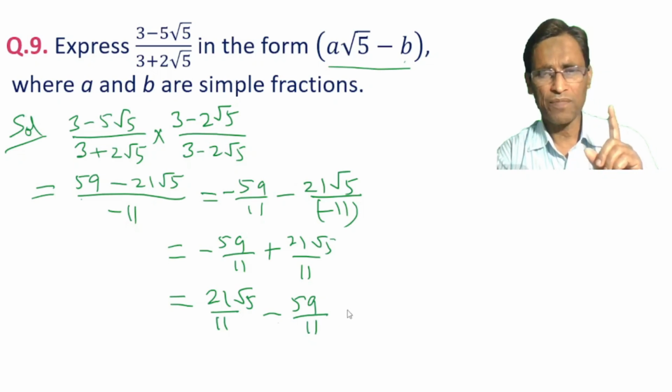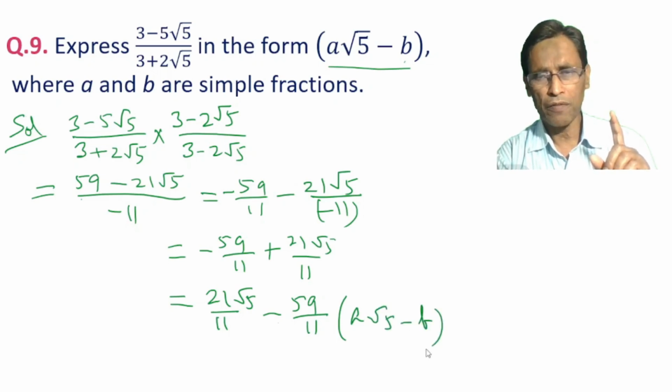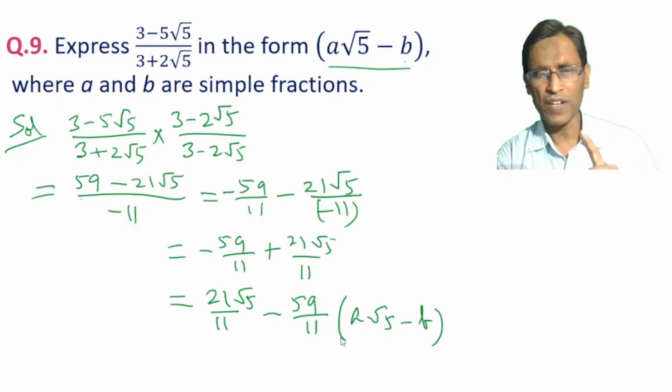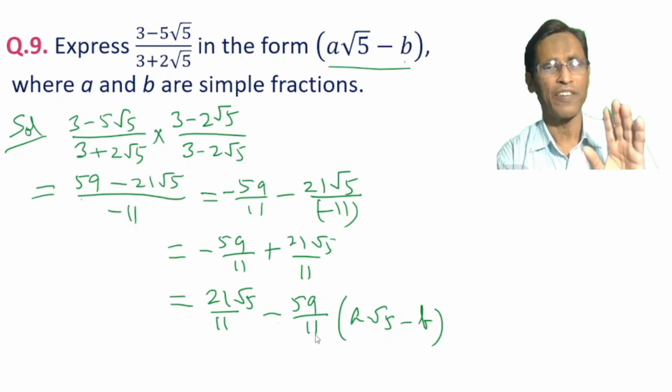Clearly we can say this is in the form a√5 − b. From this expression we can say a is 21/11 and b is 59/11. This is the required form.